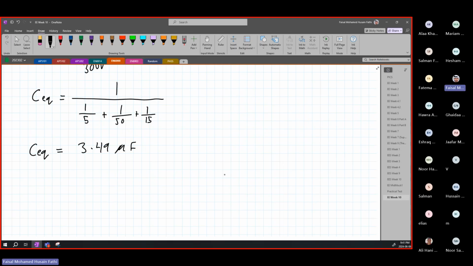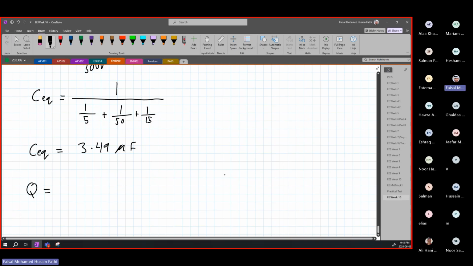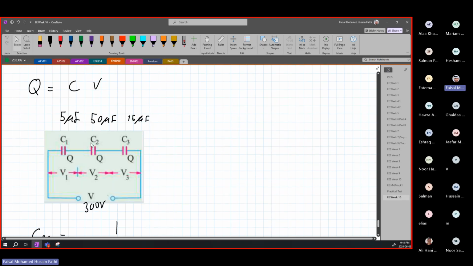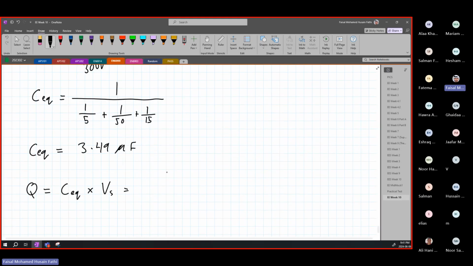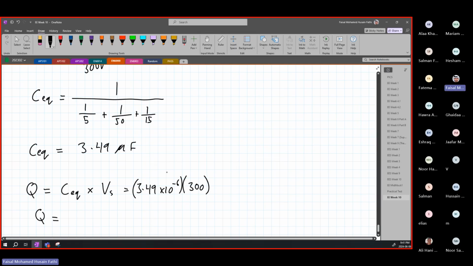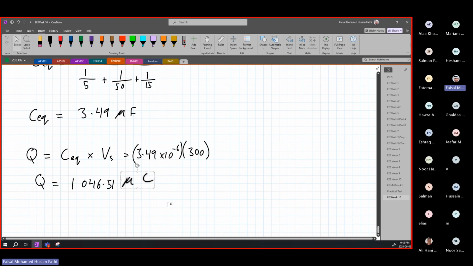Simply, charge is going to be C equivalent times our V source. So V source is 300, C equivalent is 3.49 times 10 to the minus 6, times 300. You will get Q is equal to 1046.51 microcoulombs. Once you do all of the calculations, you will get it in microcoulombs.